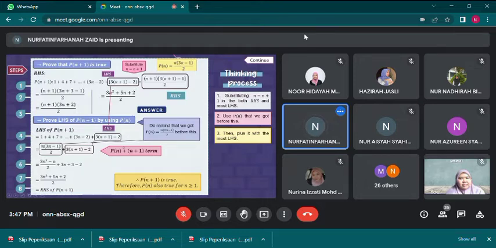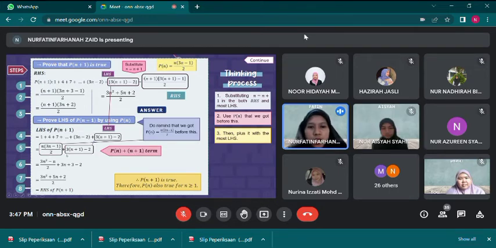Next, this is the main solution to prove that left hand side is equal to right hand side. We have to use this formula, Pn term plus n plus 1 term. For the Pn term, we just write n(3n minus 1)/2 that we got before, then add the n plus 1 term that we got at the third step.